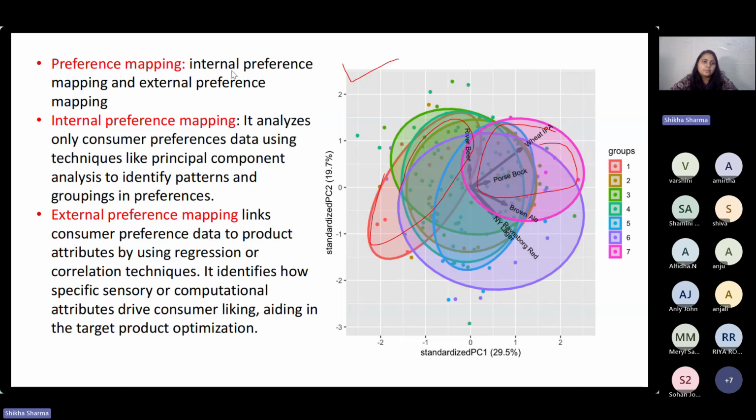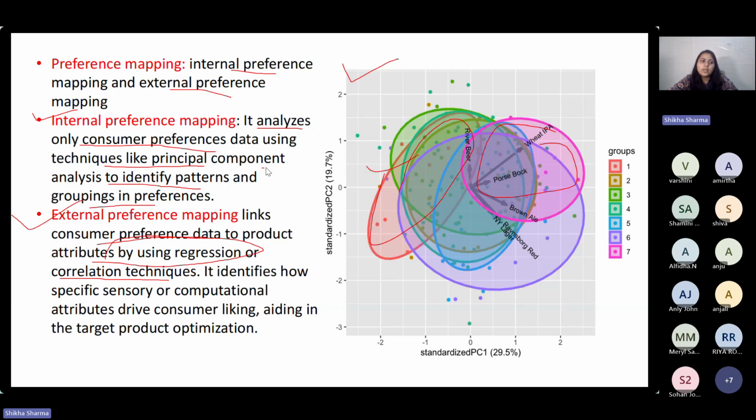Preference mapping can be internal or external. Internal preference mapping analyzes only consumer preference data using techniques like PCA to identify patterns and groupings in the preferences. Whereas external preference mapping links the consumer preference data to product attributes, also using regression or correlation techniques.